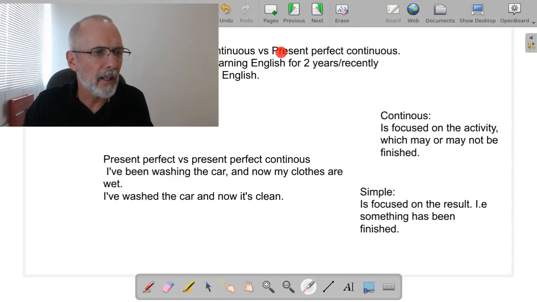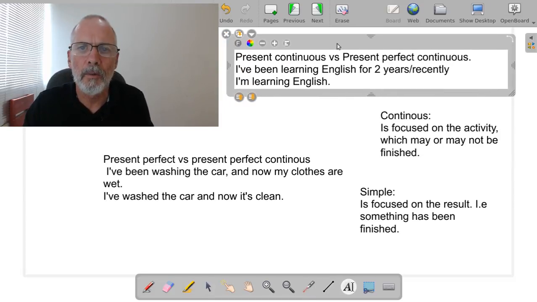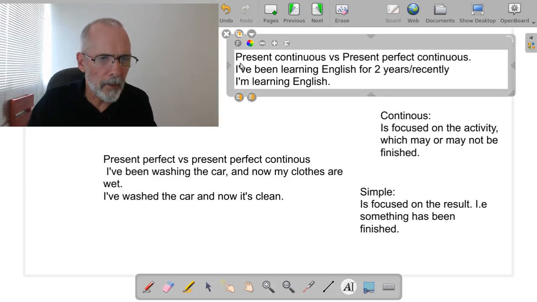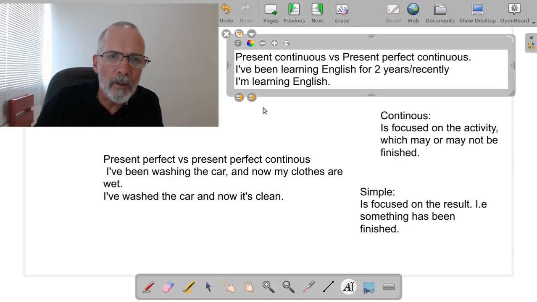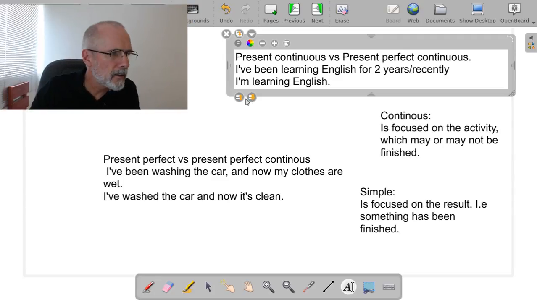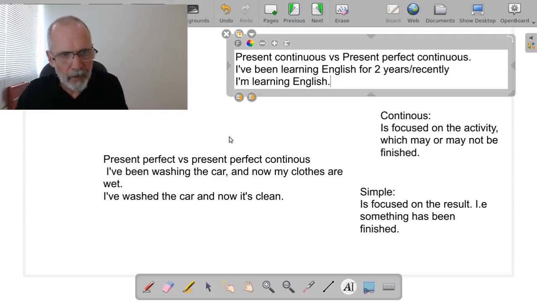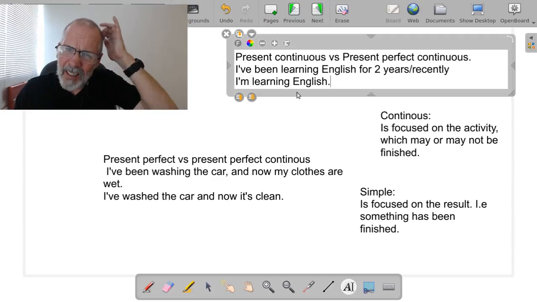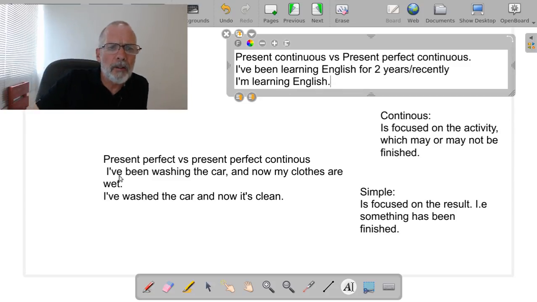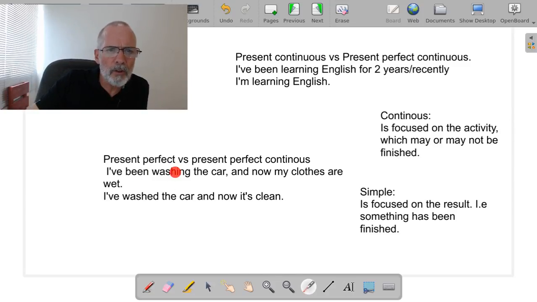And here we're looking at the present perfect continuous. First of all, let's look at present continuous versus the present perfect continuous.